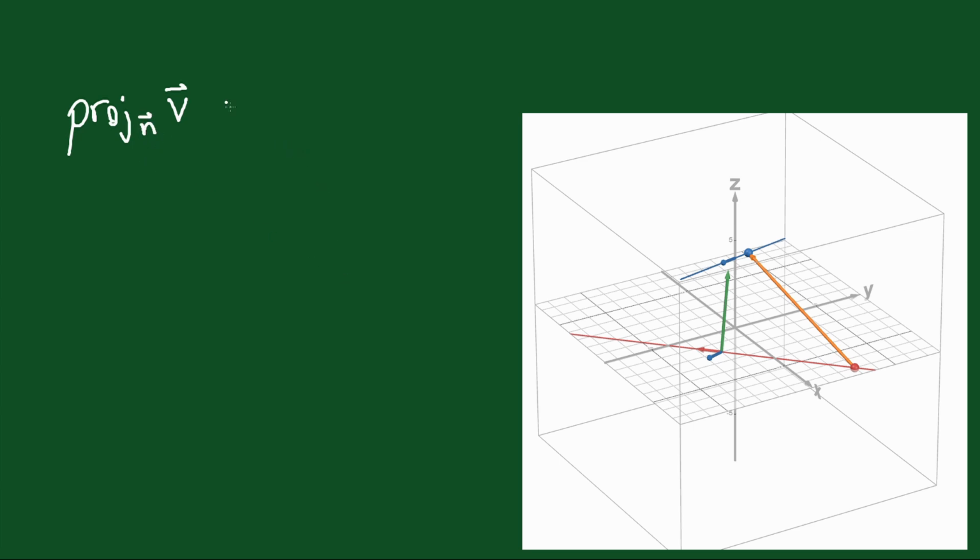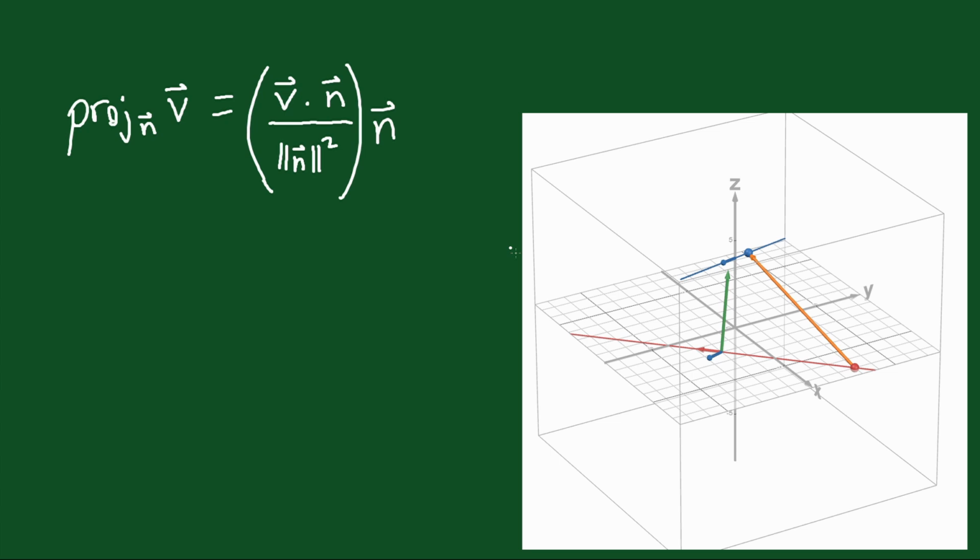It's perpendicular. This will equal vector v dotted with vector n divided by the magnitude of vector n squared multiplied by vector n.